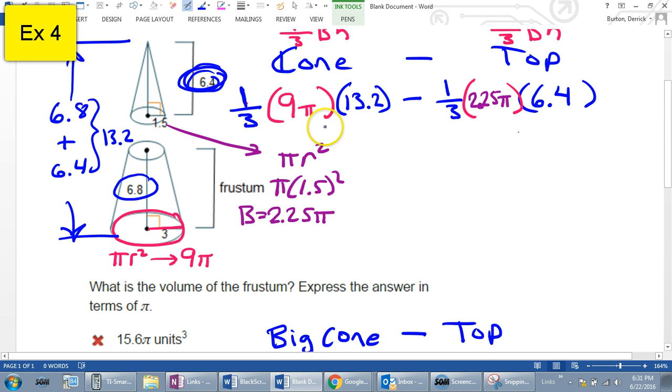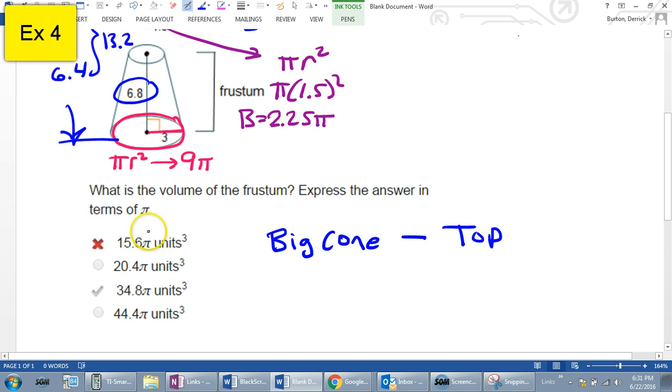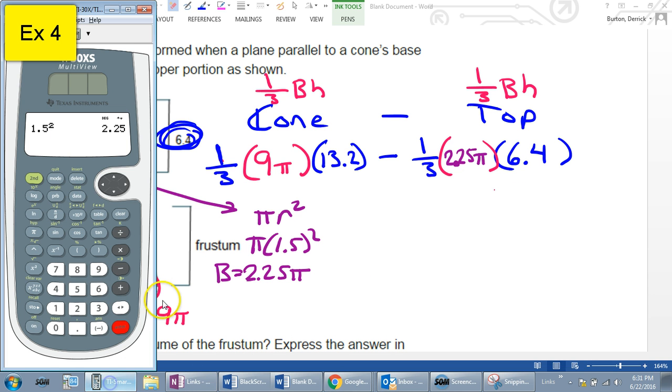So look, let's do it. I'm noticing that their answers have pi in them. They're leaving pi as pi. So for that reason, when I put this in my calculator, I'm not going to put pi in. I'm going to leave pi out to the side. So in my calculator, I'm going to just do 1/3.